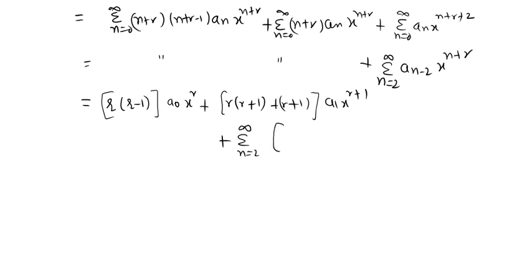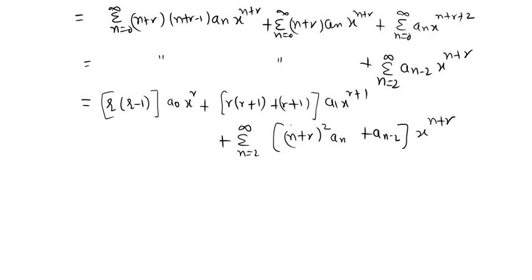So I can combine the first two as (n plus r) square a_n. Just simple calculation. So the rest is similar, multiplied by x power n plus r.